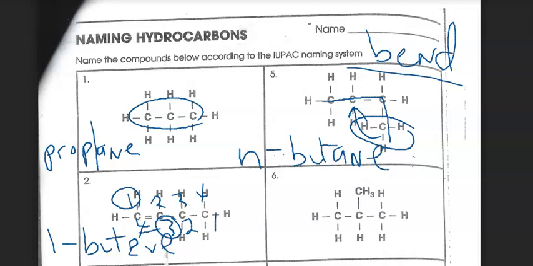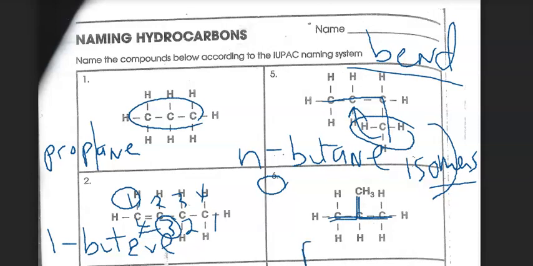Let's take a look at number 6. Now 5 and 6, you'll notice the total number of carbons is 4. Number 6 is also a butane, except we don't name it that way. These are known as isomers. They have the same number of carbons, same number of hydrogens, but different arrangement. In the case of number 6 here, my longest chain, no matter how I count it, is 3.